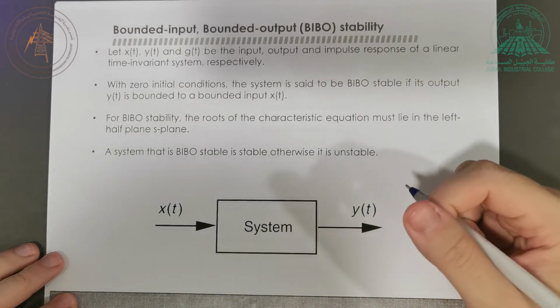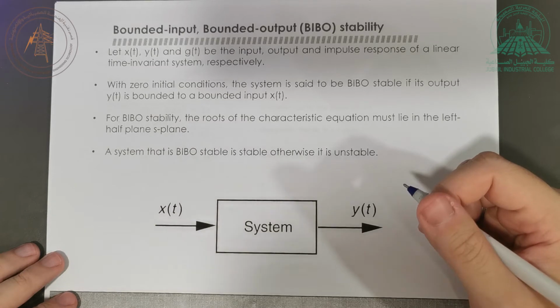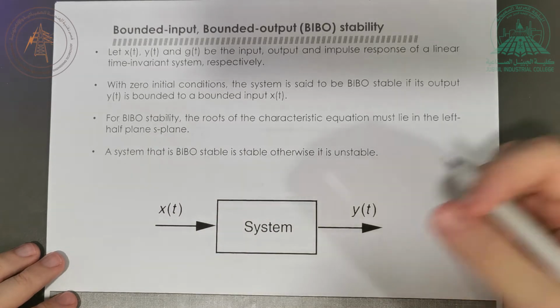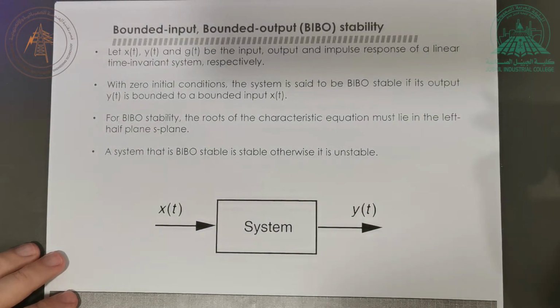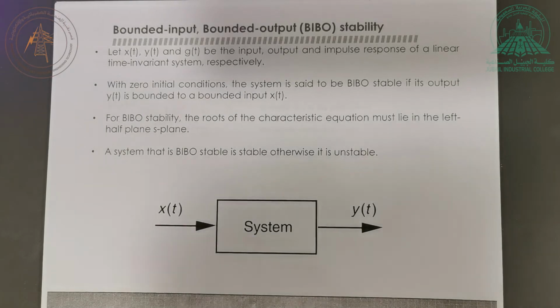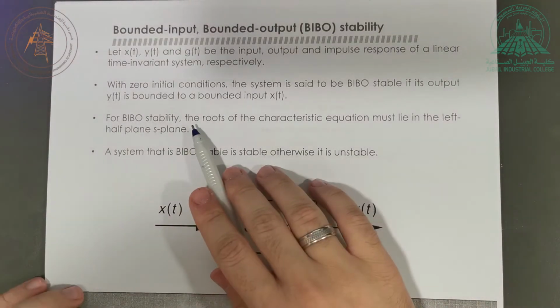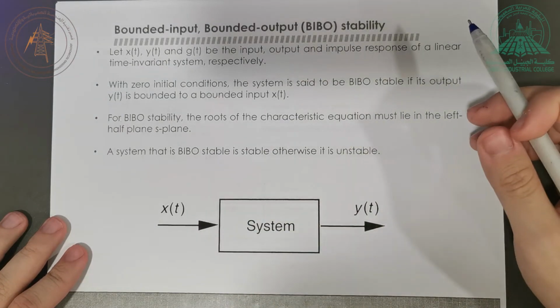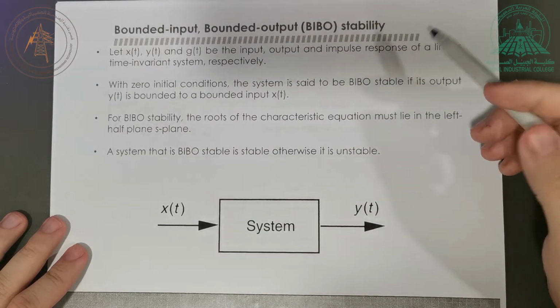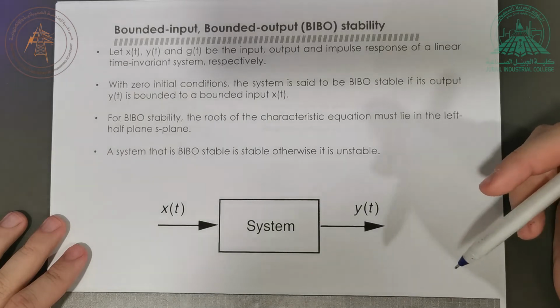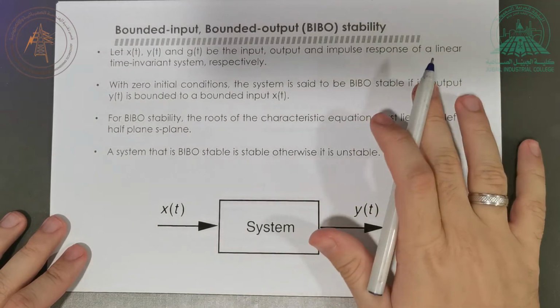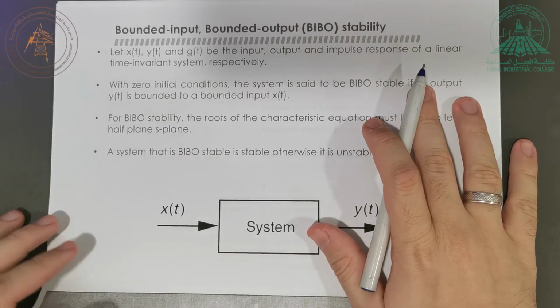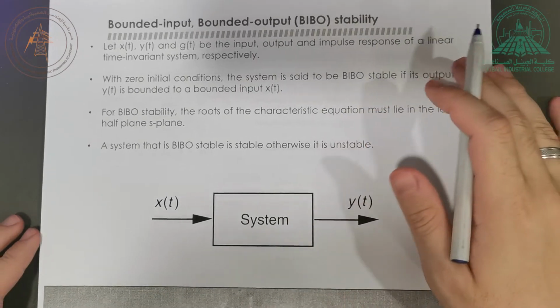If you solve the characteristic equation, you get the poles of the system, the eigenvalues. So for the system to be stable, all the poles must lie on the left-hand side of the plane. And if they lie on the j omega axis, then the system is marginally stable.